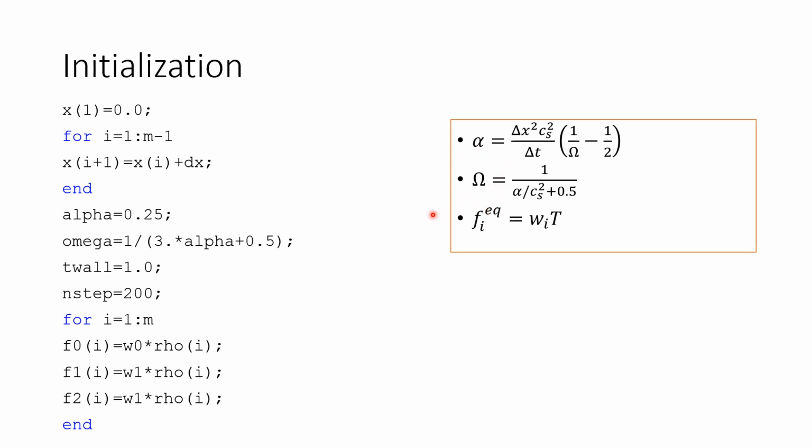We know that we could go back and forth from omega to tau, so it won't really affect our results. So we're going to use omega for this case. And then we know that the temperature at the boundary is equal to 1. This is where the heat source is. And then we are going to use 200 time steps.